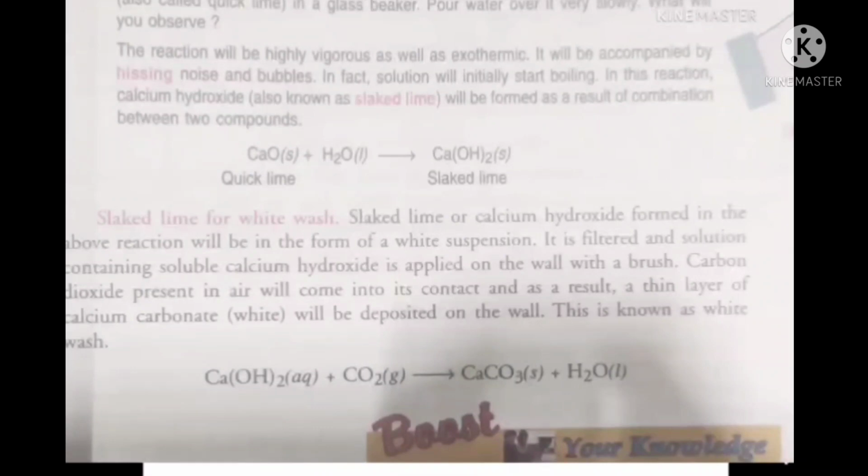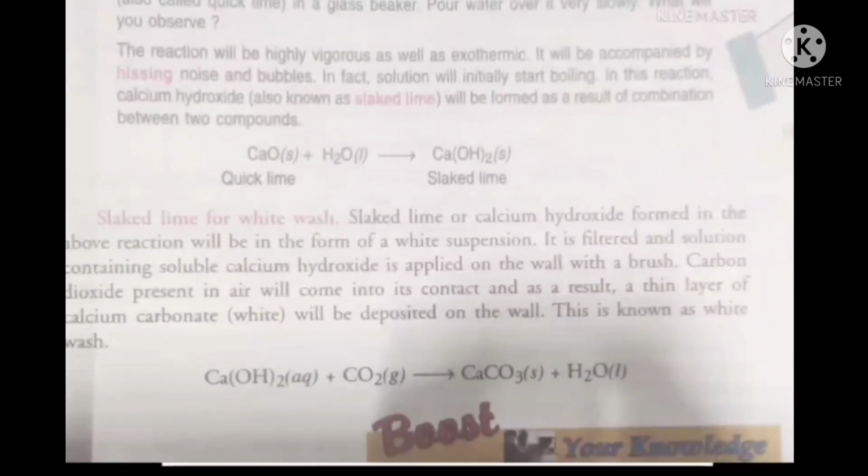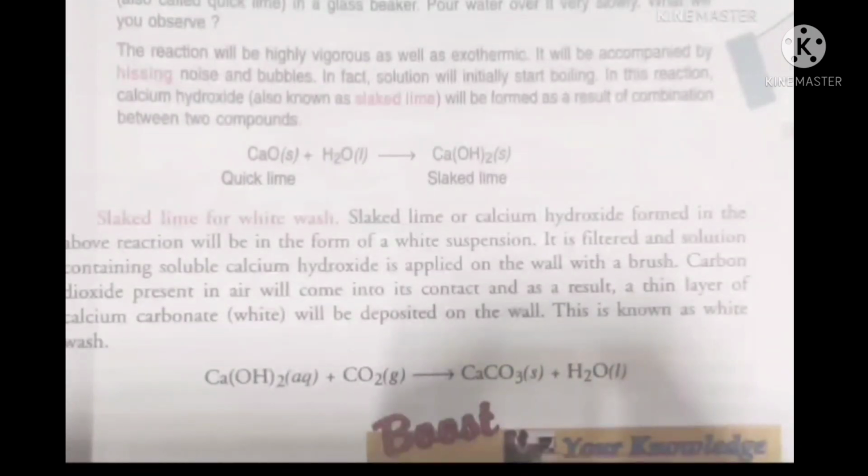It is filtered and the solution containing soluble calcium hydroxide is applied on the wall with a brush. Carbon dioxide present in air will come into contact and as a result a thin layer of calcium carbonate, which is white in color, will be deposited on the wall. This is known as whitewash.